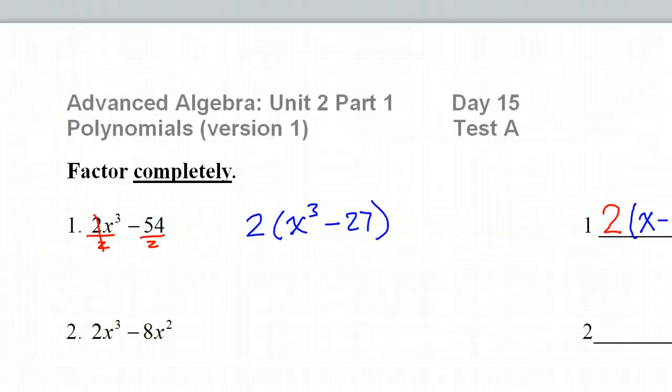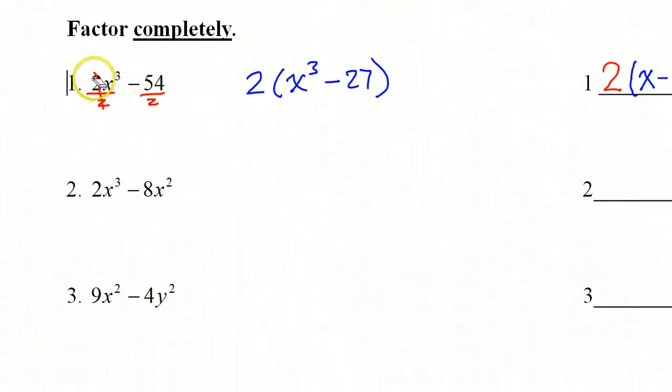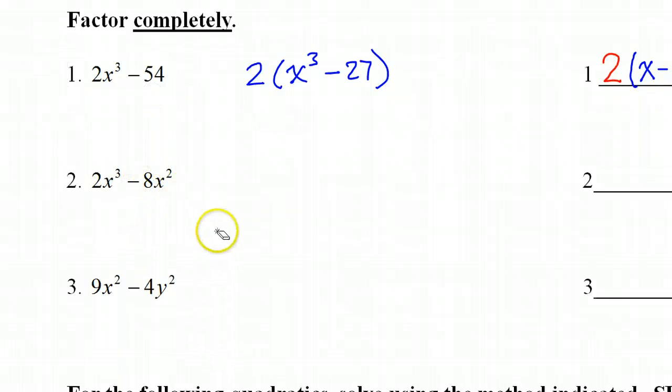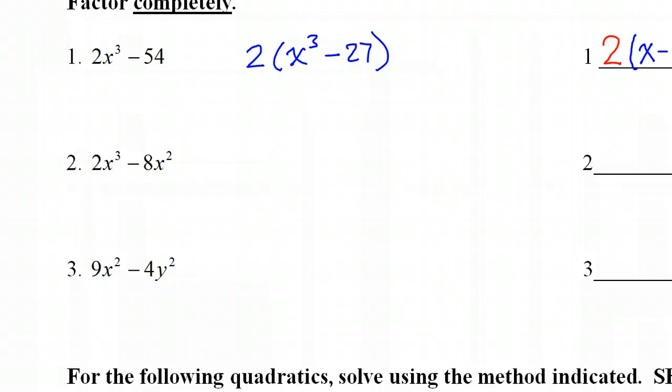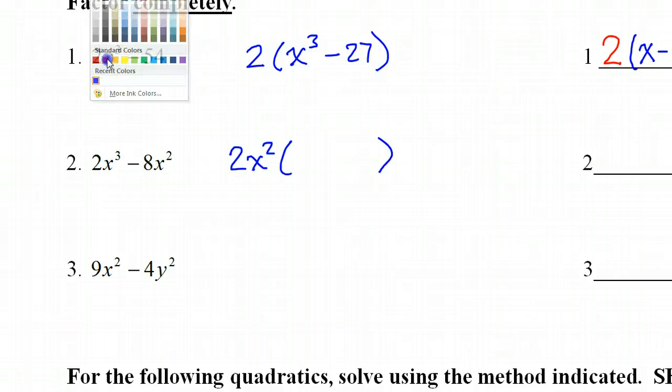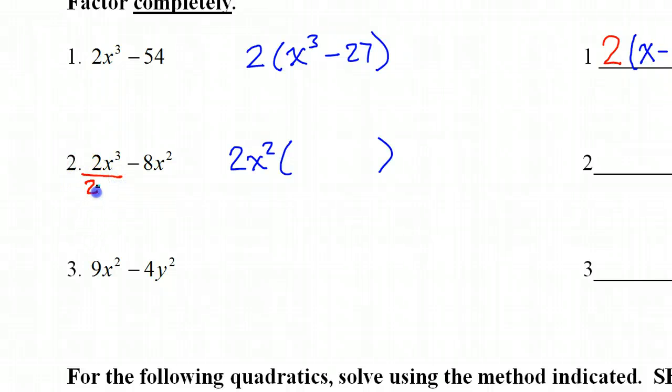Okay, take a look at number 2. Again, the first step of factoring is look for a common factor. In this case, the greatest common factor is 2x squared. Both terms have at least 2 x's, so I will pull out 2x squared. And then I will see what's left on the inside. Again, to see what's going on the inside, I divide by the GCF. So I'm going to divide both of these by 2x squared.